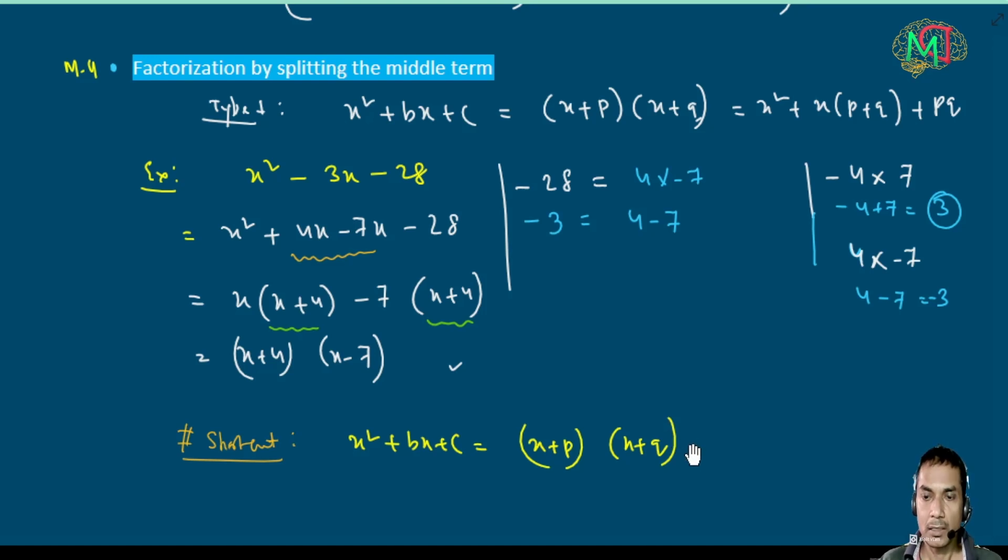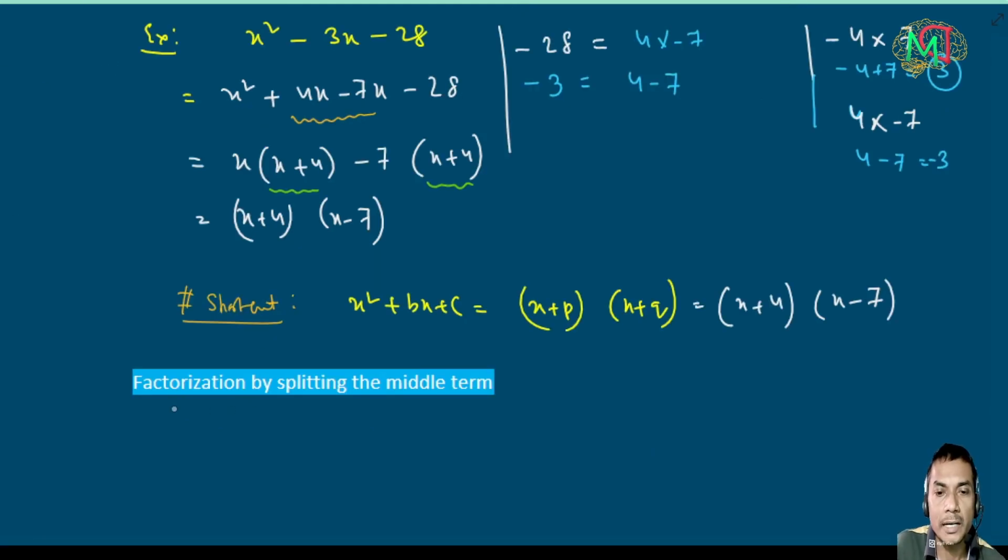So we can replace it, x plus 4 and x minus 7. Plus of minus 7 means minus 7. So we get the same answer. Clear?